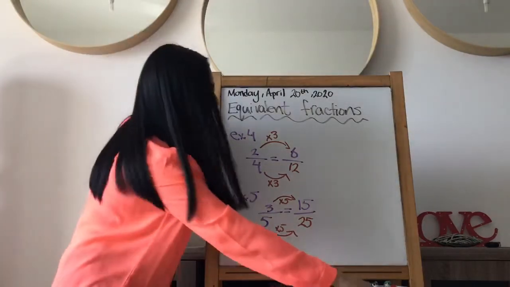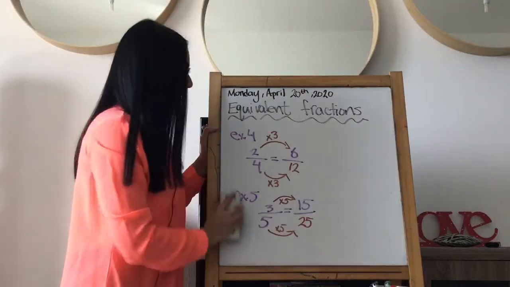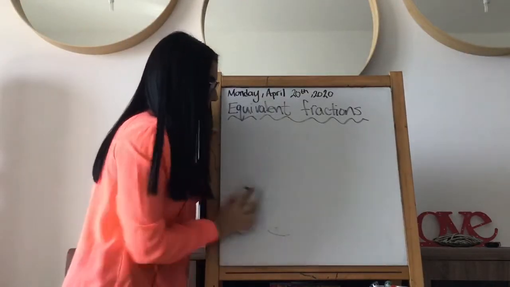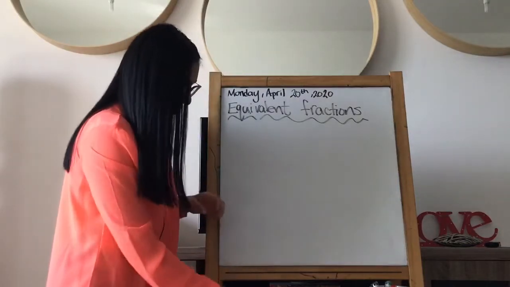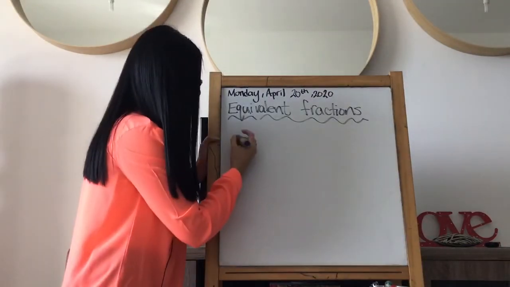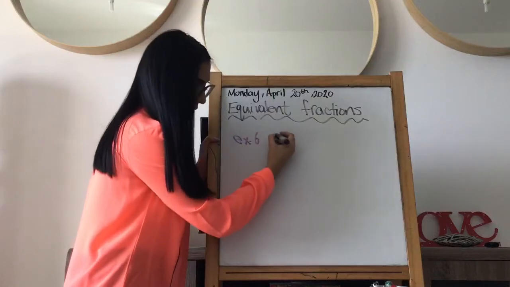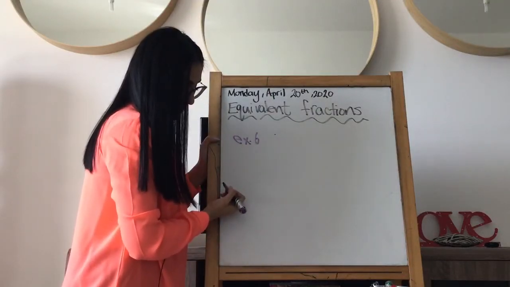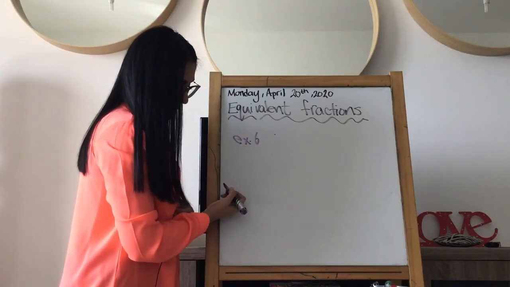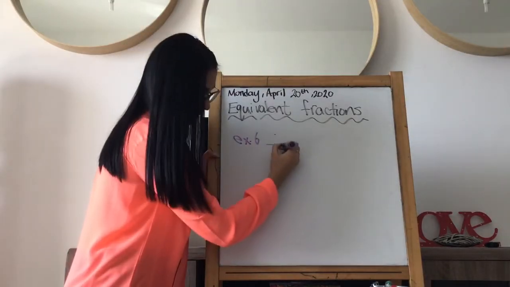Maybe I'll do a division one, just because I know some of us prefer multiplication, or really get multiplication, but not so much division. This is example 6 now.